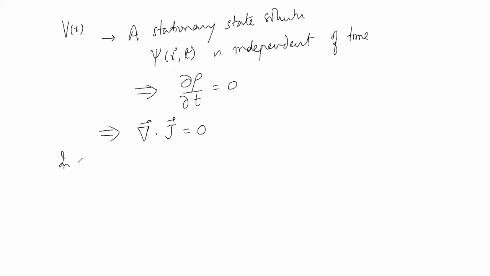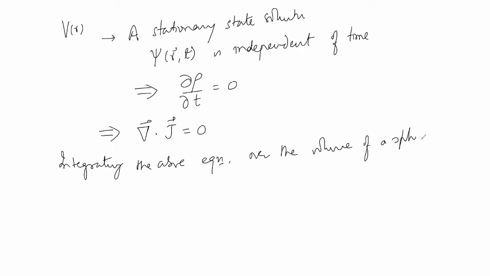Now we integrate this equation. Integrating the above equation over the volume of a sphere of radius r, which is much larger than small r, which is the range of the potential.